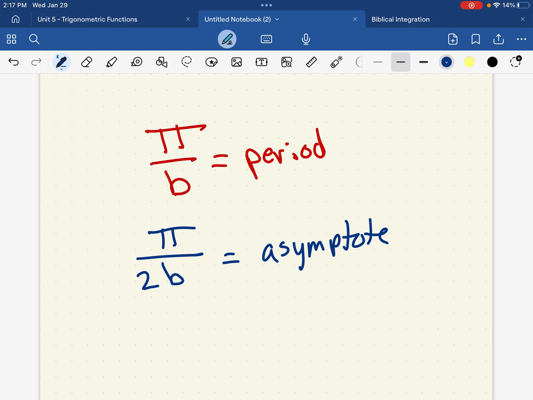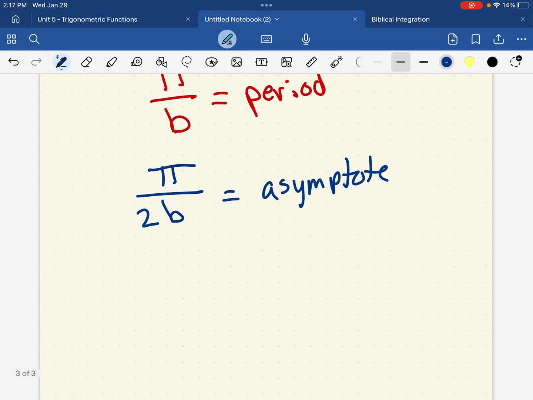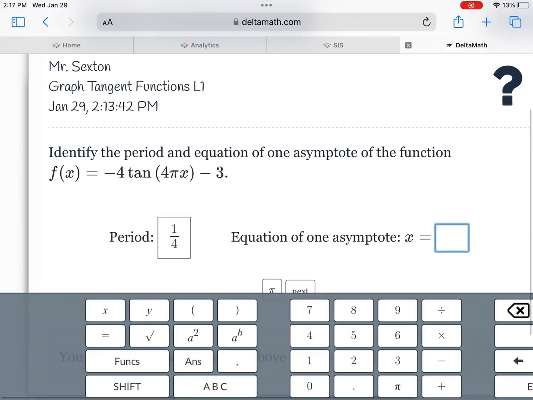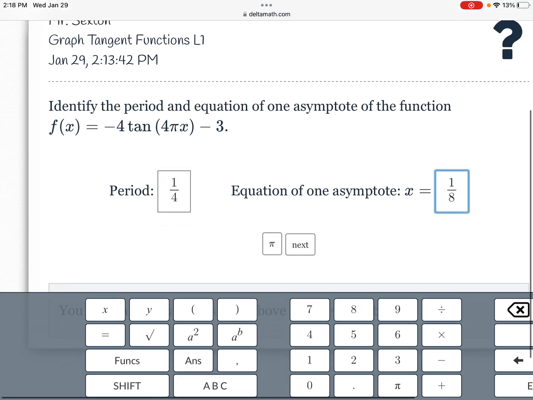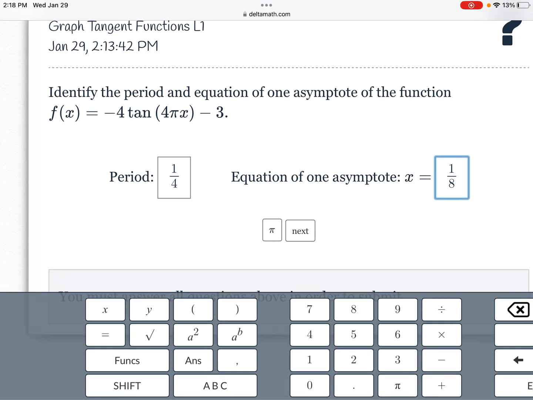So we already know what b was. B was 4 pi. So we literally just plug and chug. The pi's cancel out, so you're left with 1 over 8. That is the equation of your asymptote. And if you look here, it already gives you the x equals, because there was last homework where you guys didn't put in the y equals and it counted it wrong. Okay, so there you go. 1/8 is the equation of the asymptote there.